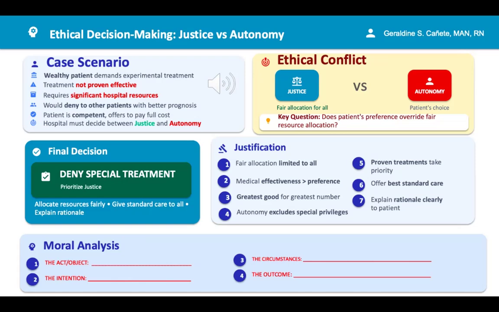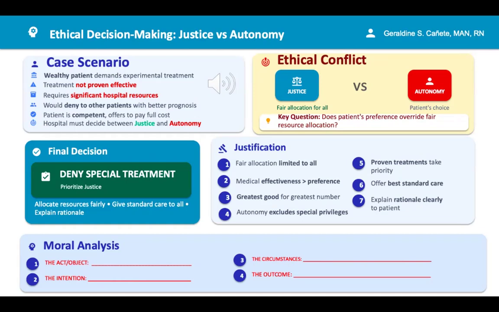While respecting their autonomy, the hospital's primary obligation is to allocate resources fairly and prioritize treatments with proven effectiveness that benefit the greatest number of patients. So here is the justification for that decision, which I also encourage you to challenge.